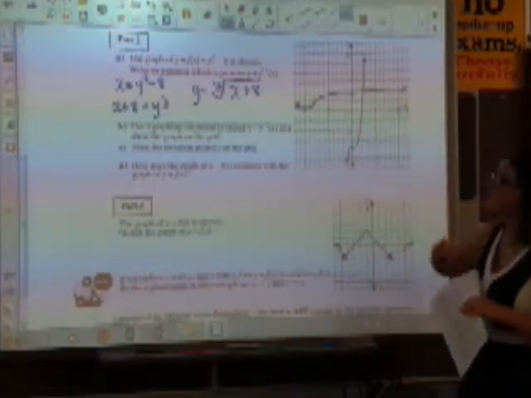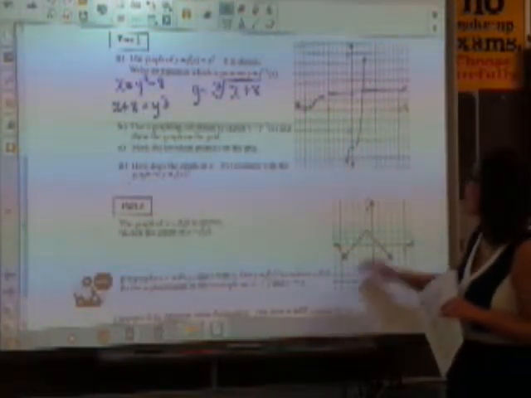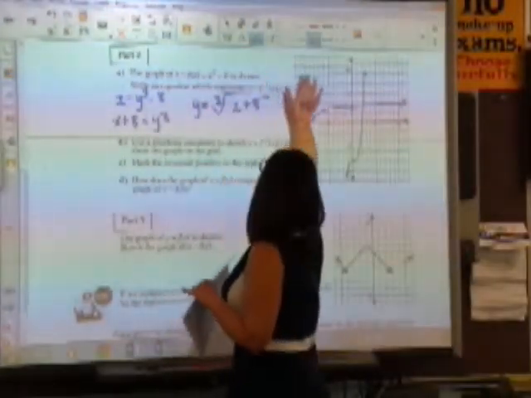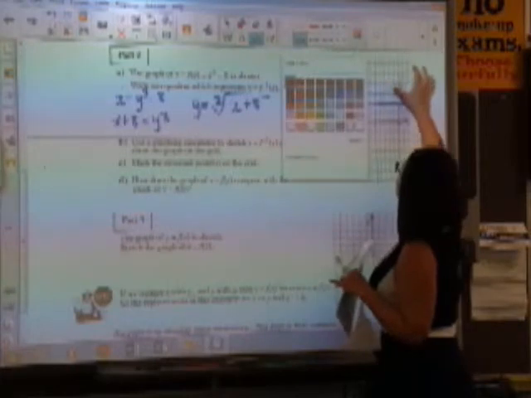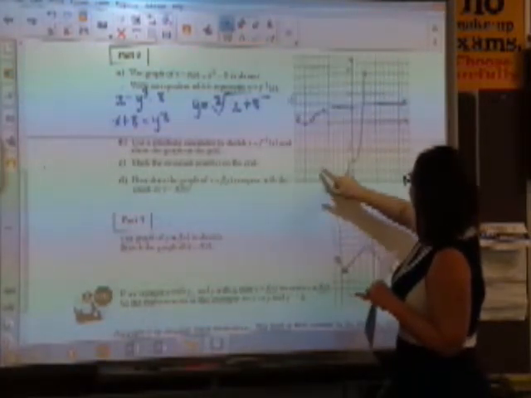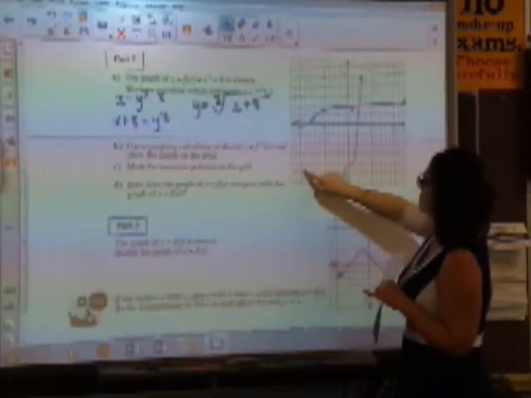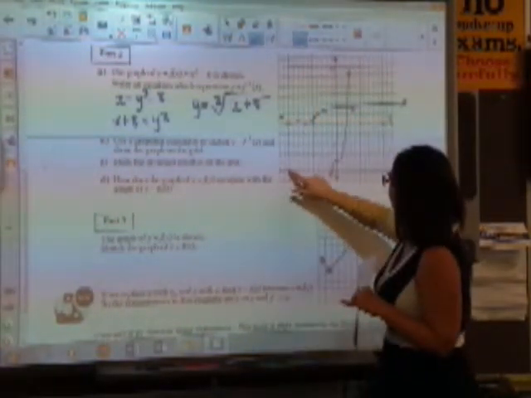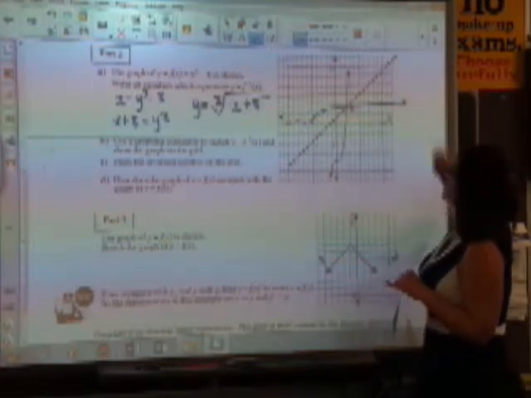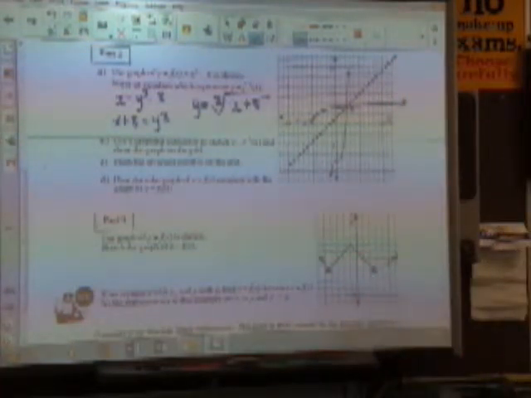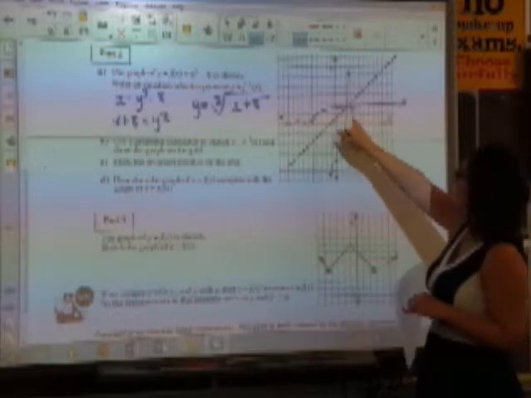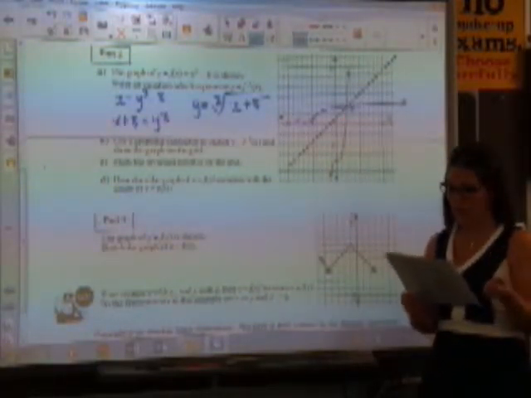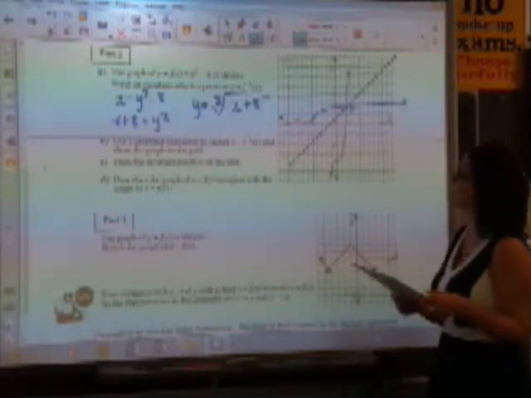So then I get a picture that looks something like that. And again, if I draw that reflection line, where the 2 graphs intersected, there's my invariant point. So I get another invariant point along this graph.